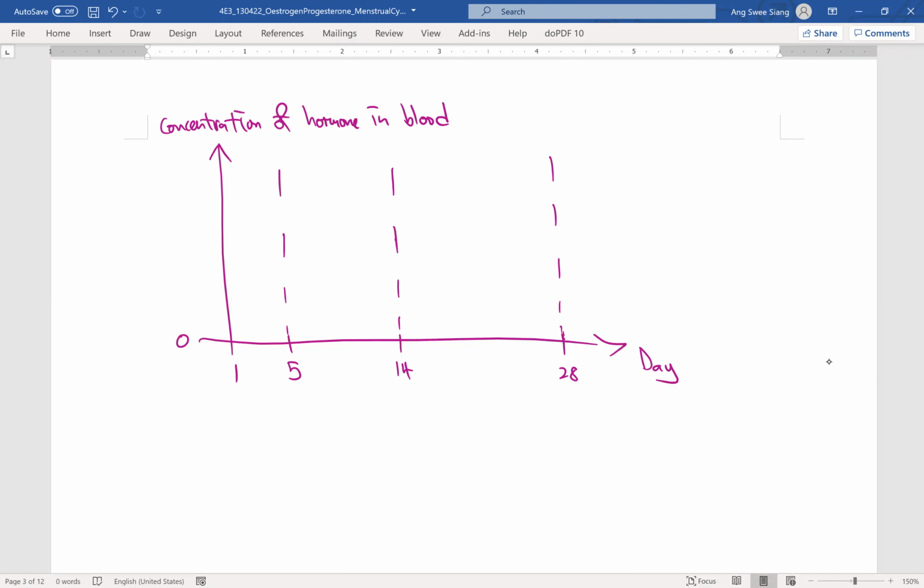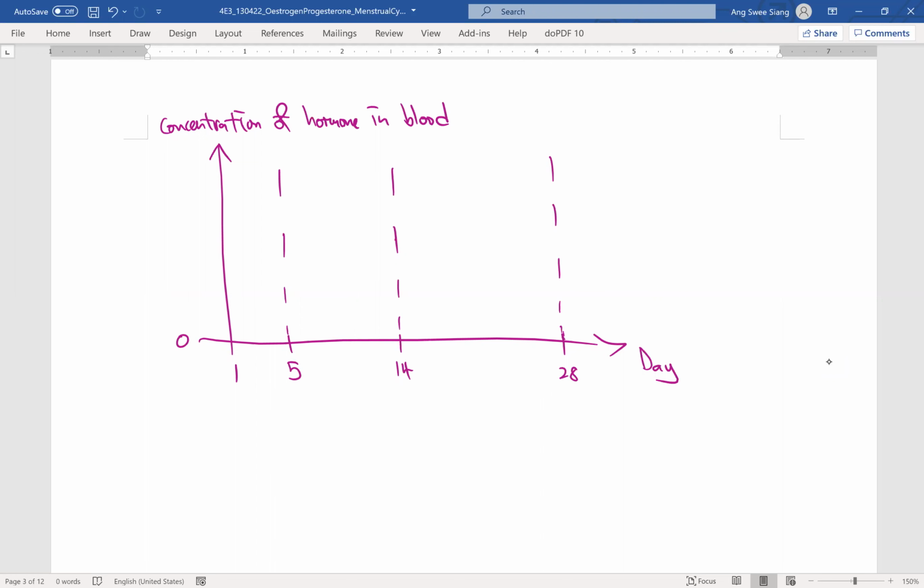Again, it doesn't start with 0. As long as you are a female, you would have some estrogen and some progesterone in your blood. Actually, even in guys, we may have estrogen and progesterone, but our levels will be very low, much lower than in the female. Likewise, in female, you may have some testosterone in your blood, but at a very, very low level.